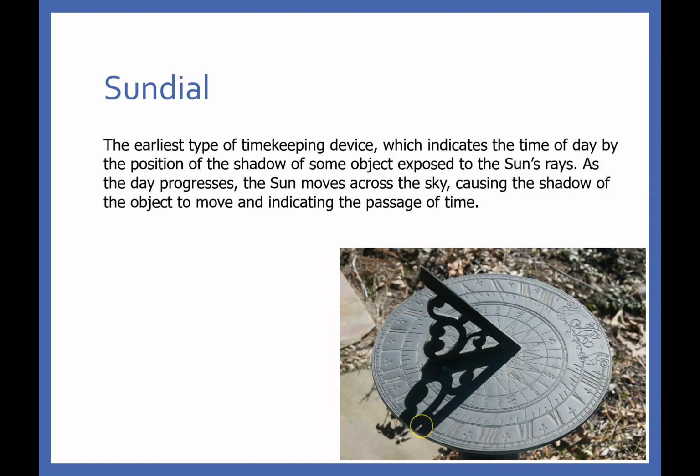As the day progresses, the sun moves across the sky, causing the shadow of the object to move and indicating the passage of time. Okay, so we are going to be asking you to do a little activity where you go outside and trace your own shadow. You're going to need someone to help you do that, whether it's your sibling or a parent, because the whole point is for you to see that your shadow does move throughout the day.